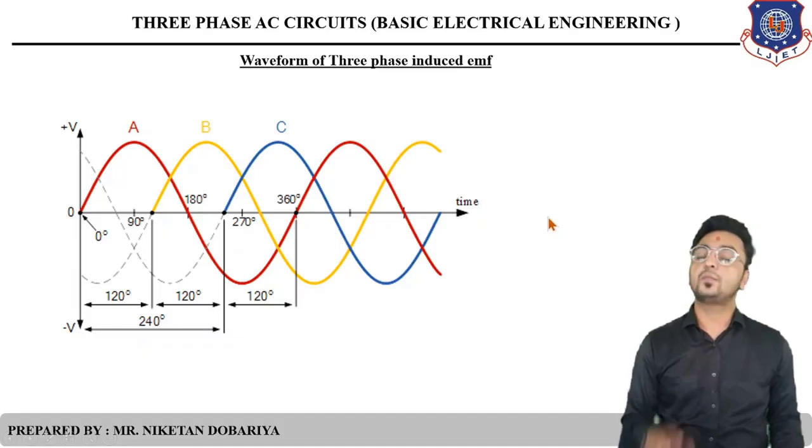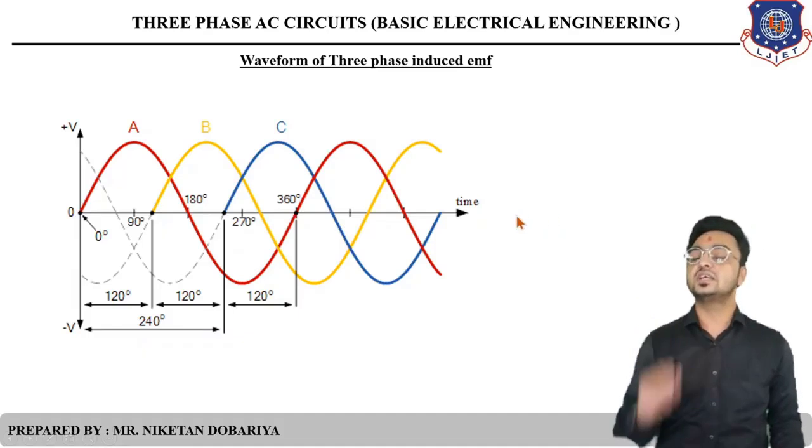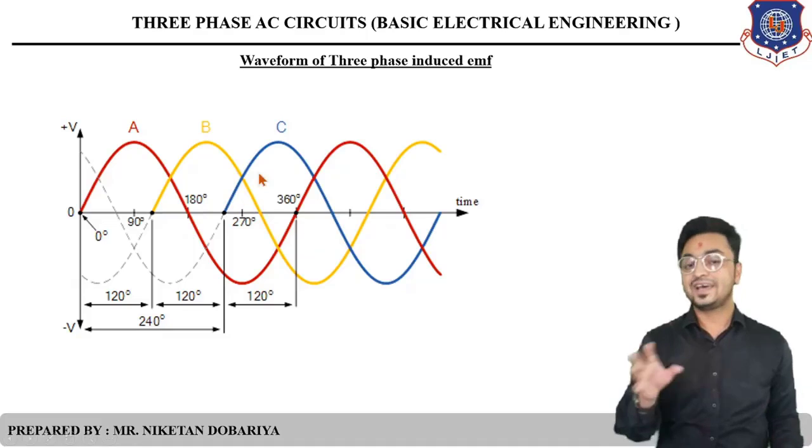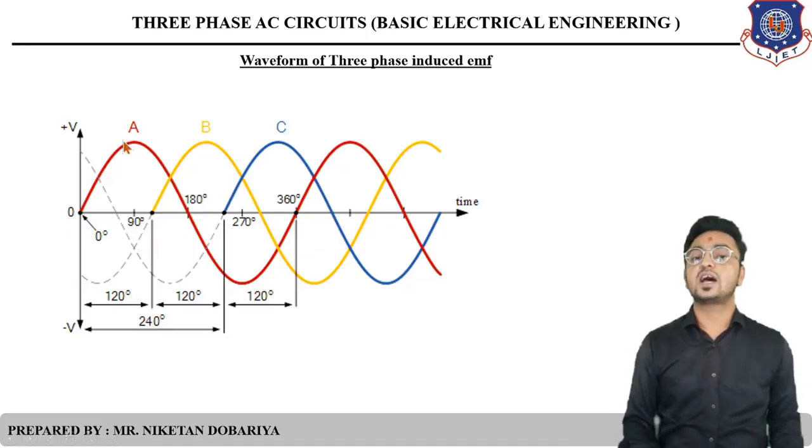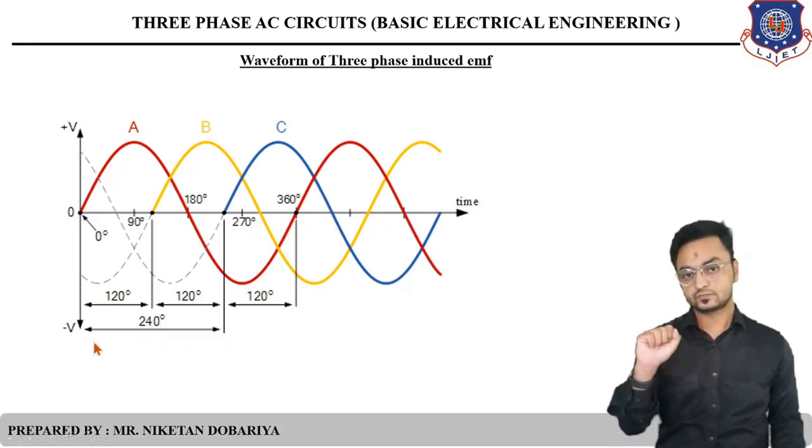And if you separately plot the waveforms of these three voltages, as we discussed, the first waveform will start from 0, so its positive cycle starts from 0 degree as shown in this red color waveform. The second will start from 120 degrees, which is over here, so its positive cycle will start from here, and if we extend it, its negative cycle will be plotted over here.